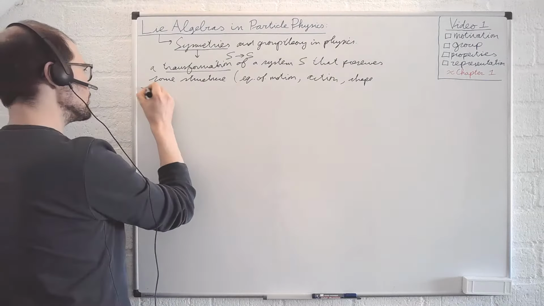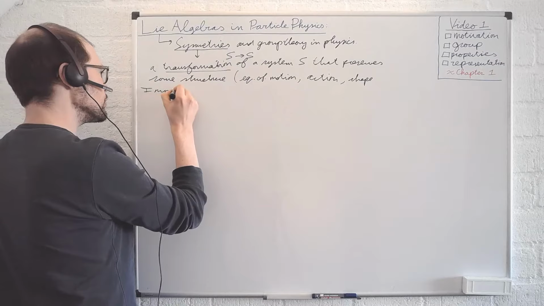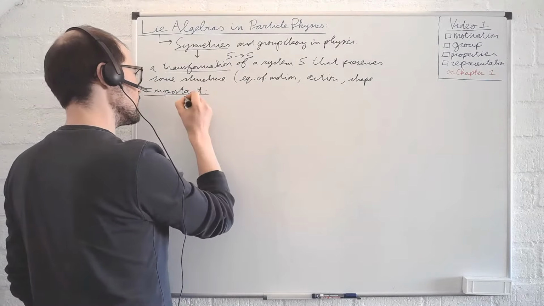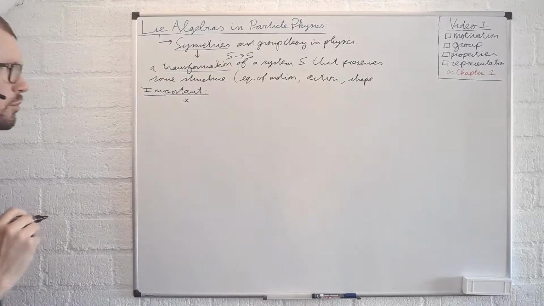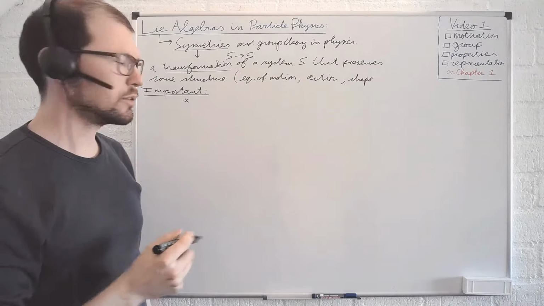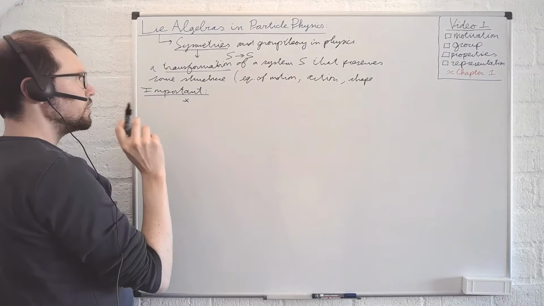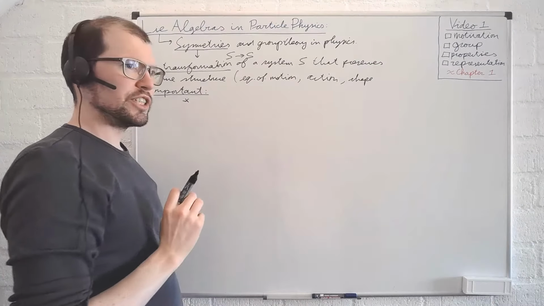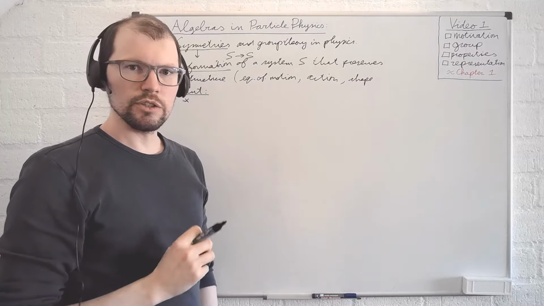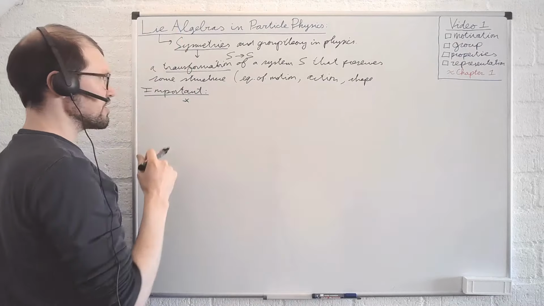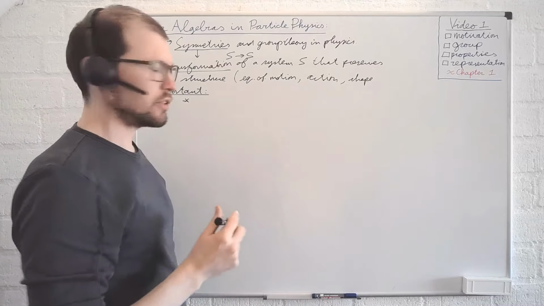So why are symmetries important? I'm sure you can already name a couple of reasons yourself, but let's just write down a couple more. So one very important reason, and something that you're certainly encountering, say in quantum field theory, is that symmetries help to organize degrees of freedom.